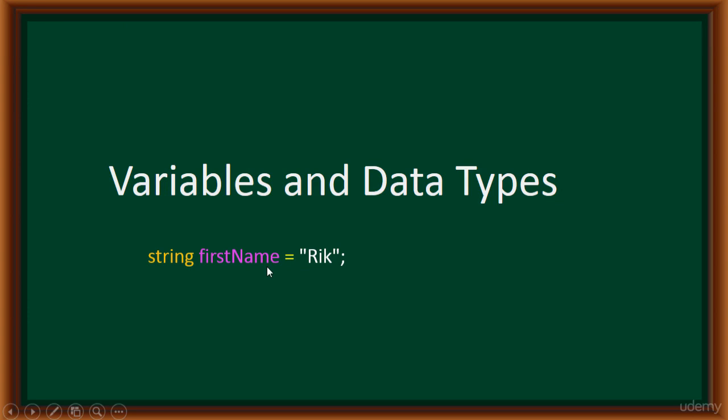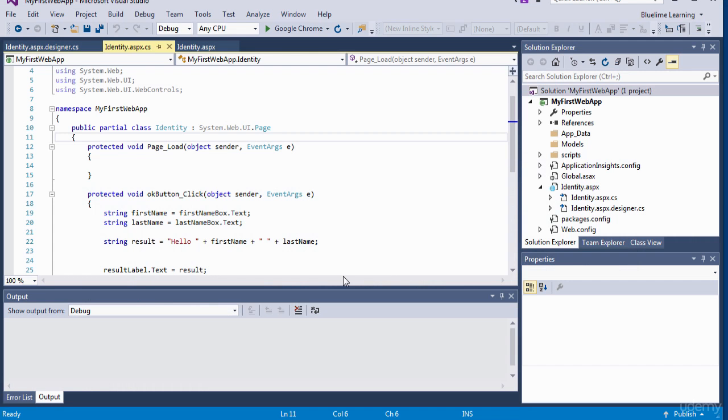Okay, so in this case, I'm giving it a value of Rick, and then you have to use a semicolon to terminate it, to end the statement. So this is one statement, and you must end it with a semicolon. If you notice here in the code, every line ends with a semicolon. That means when the code is being read, the computer will know that that's the end of one line of code.